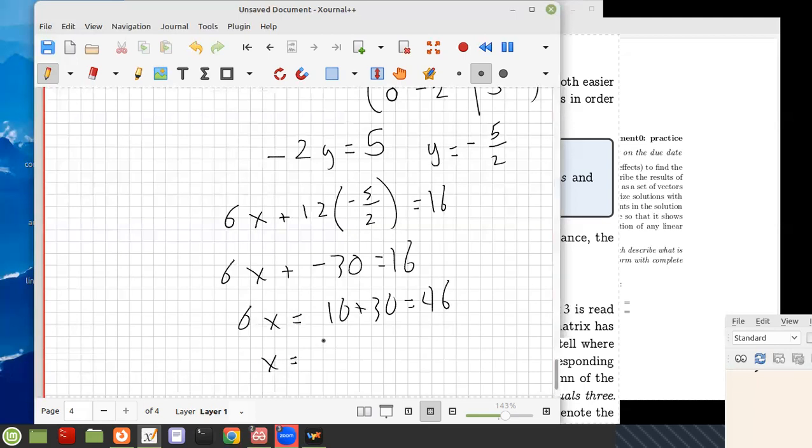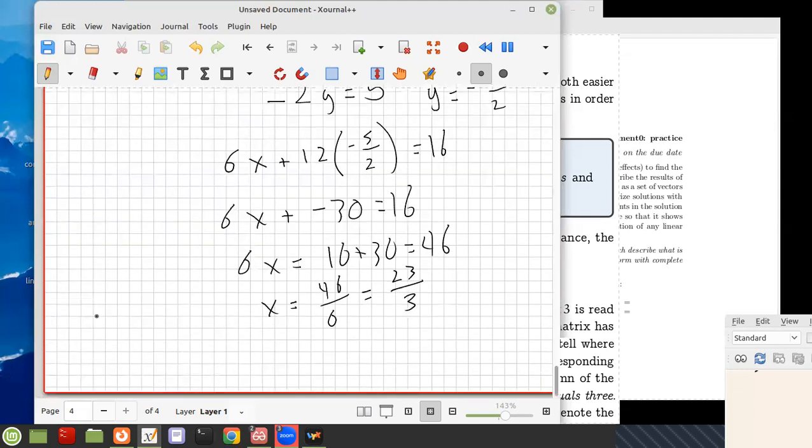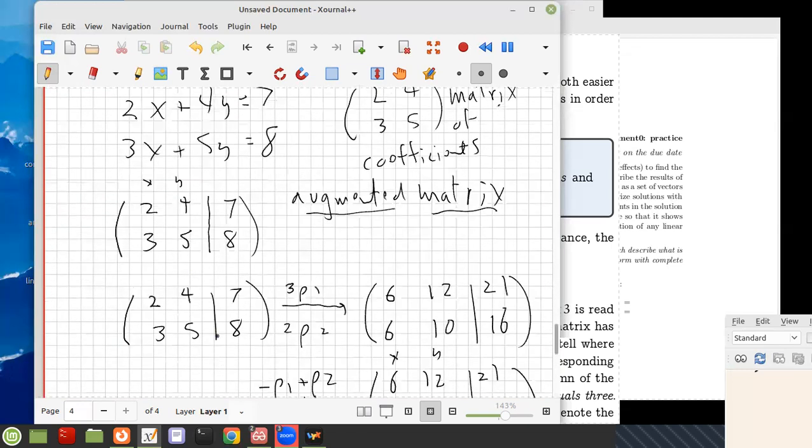And x equals 46 over 6. And we can at least get rid of the 2 to be 23 over 3. So the answer to this system is S equals 23/3 over minus 5/2.